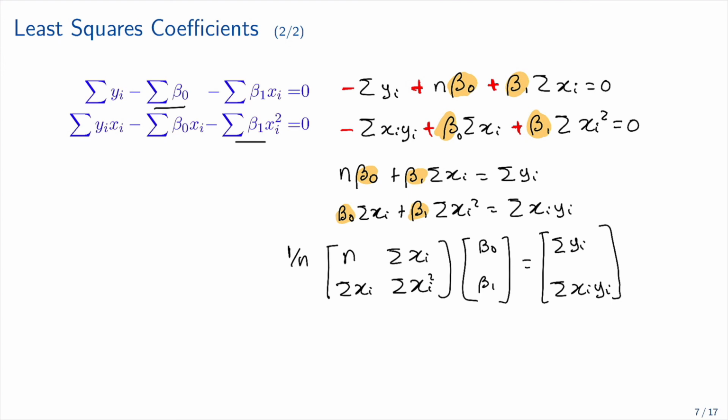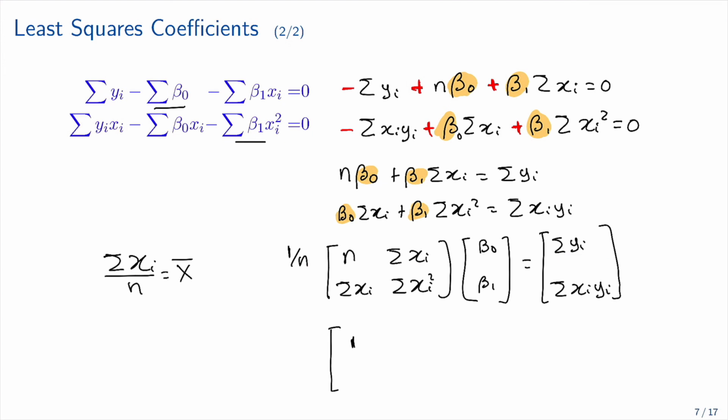By dividing the first row by n, n divided by n is 1, and the sum of xi divided by n is equal to the mean of x. And the same thing with the last term, the sum of yi divided by n is equal to the mean of y. So let's rewrite the first row in that form.